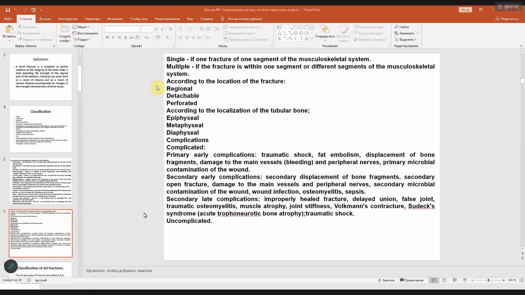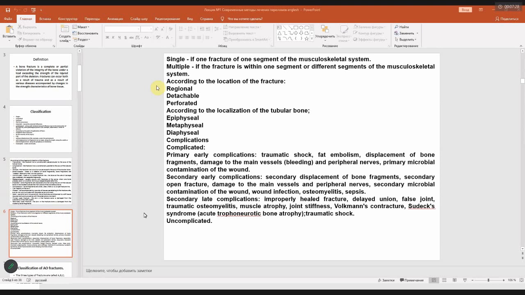early complications: traumatic shock, fat embolism, displacement of the bone fragments, damage to the main vessels with bleeding, and peripheral nerves, primary microbial contamination of the wound.